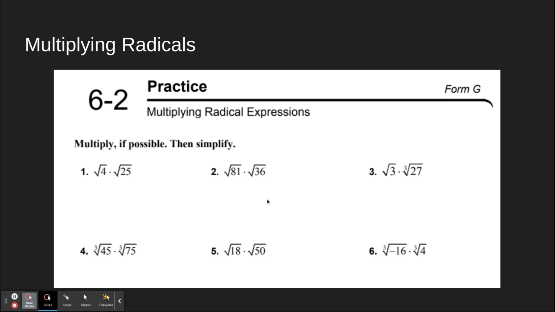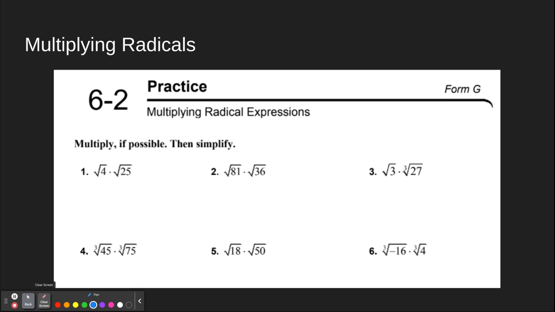So now let's see, multiply and then simplify. We should be kind of good at these. The cube roots can be difficult for sure. Let's start with number 2. Sometimes you want to simplify before you multiply.